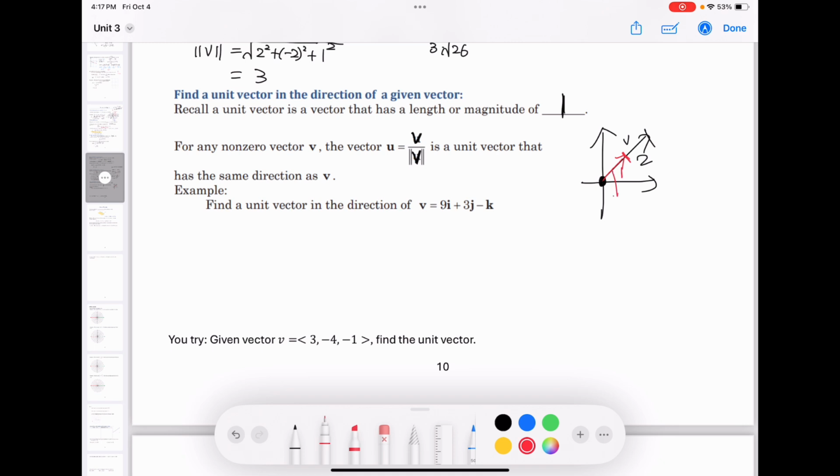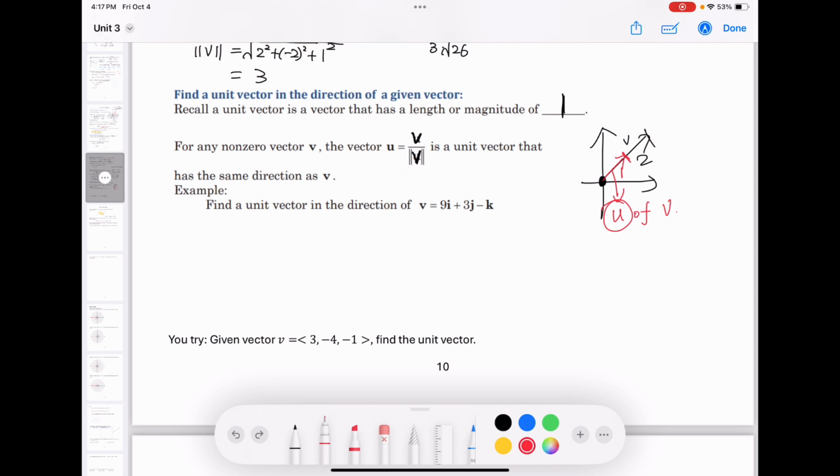So this one we call the unit vector of v. So u here is another vector, and this vector has a name, unit vector. Length is 1. The unit vector is equal to the vector v divided by its magnitude. It will keep the same direction, but the length must be 1.